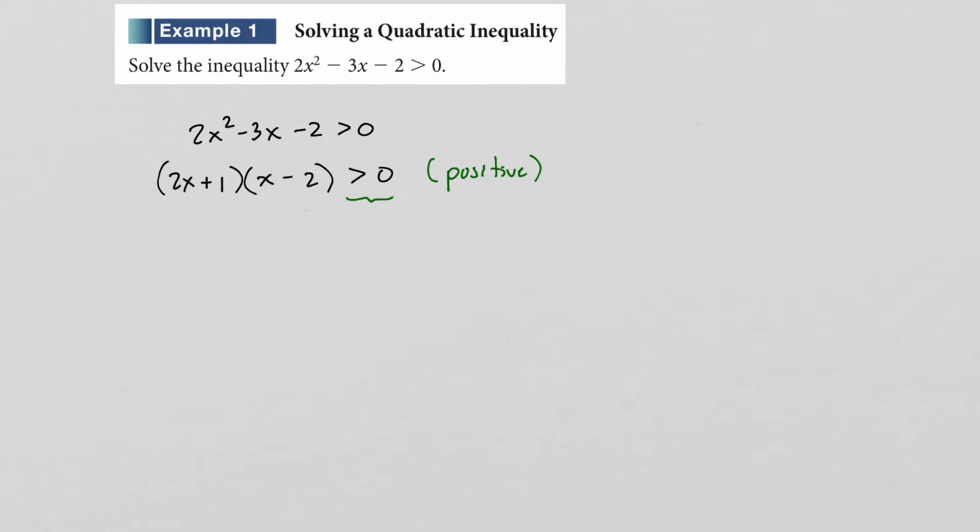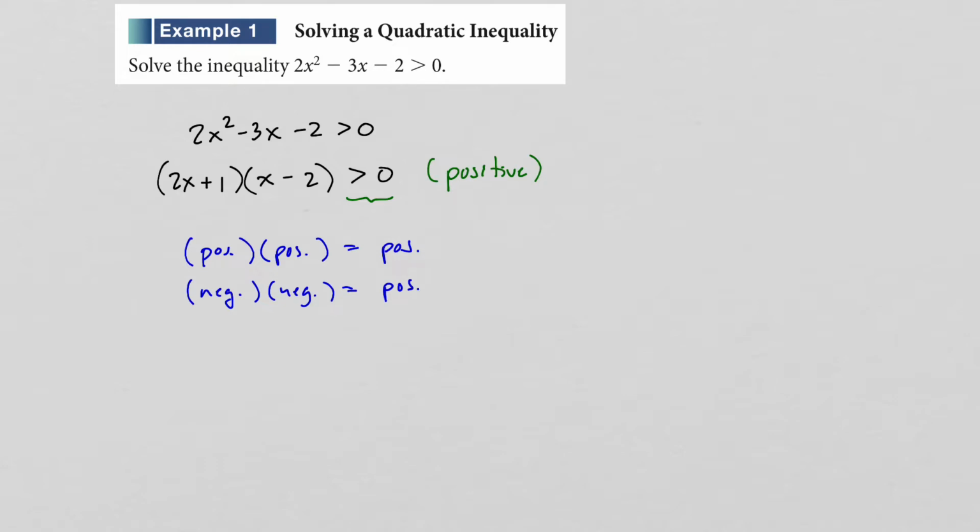Well, if you're multiplying two numbers, a positive number times a positive number is a positive number, and a negative number times a negative number is a positive number. So the only way this is going to work is when both of these are positive at the same time, or if both of these are negative at the same time.